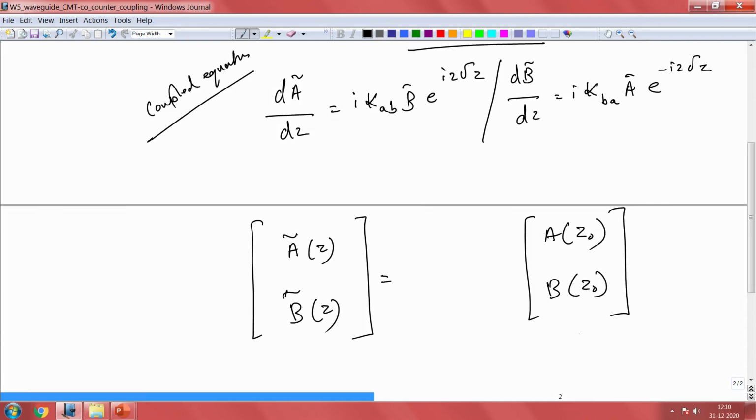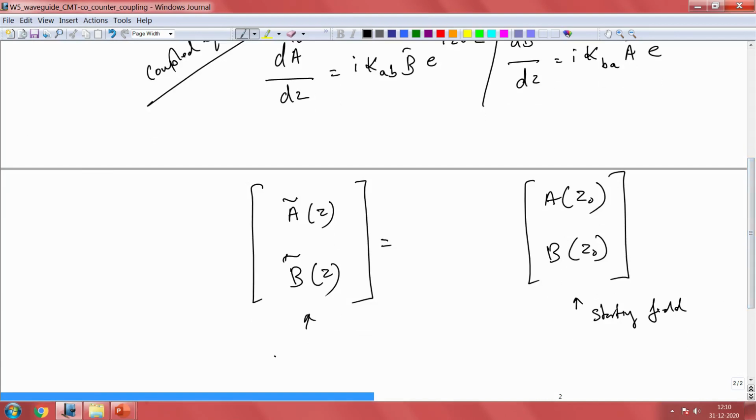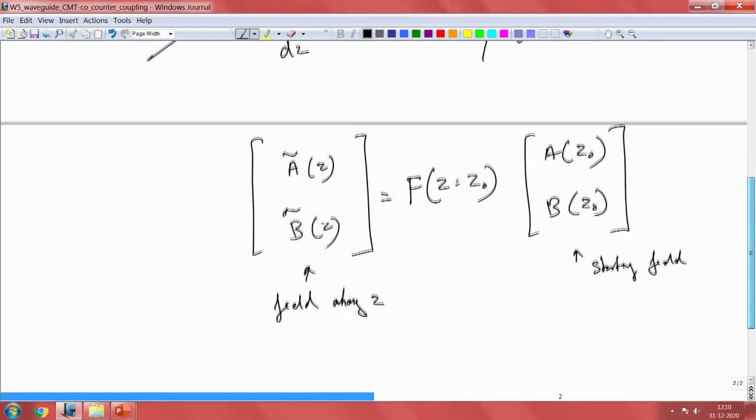So this is your starting field, and this is the field as you move along z. It is coupled by what we call a forward coupling matrix, which is given by something of this kind.